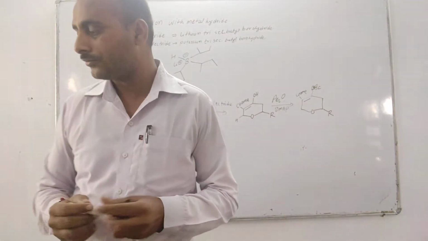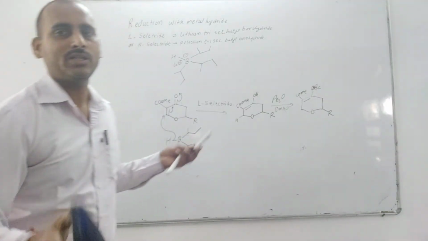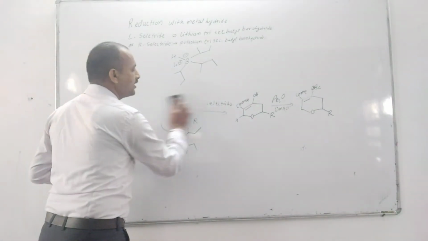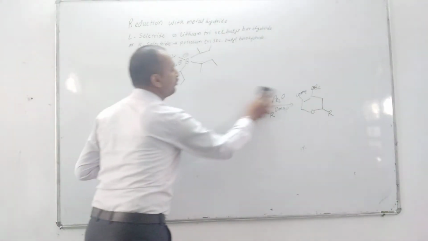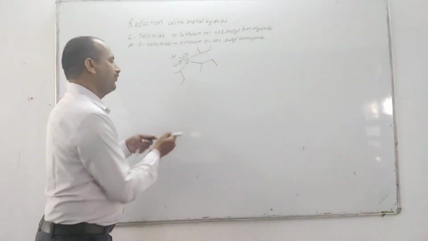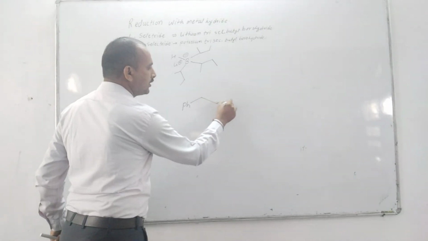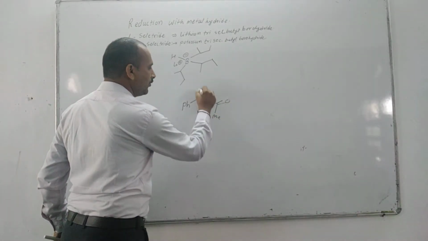Next, the stereoselectivity follows the Felkin-Anh model for a chiral center present adjacent to the carbonyl group. For example, Ph C double bond O Me.